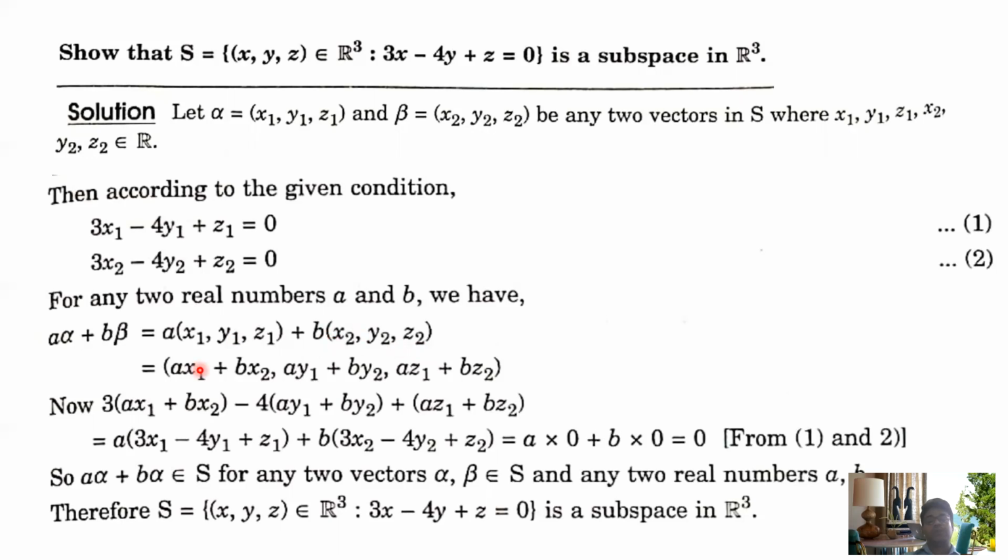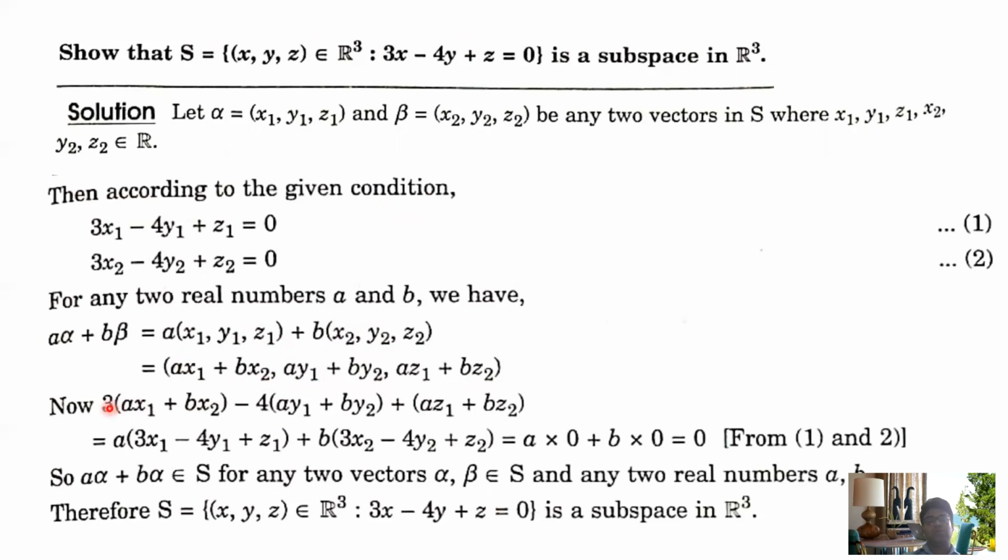If we simplify, we have a x1 plus b x2, a y1 plus b y2, a z1 plus b z2. There are three components with addition. Now we want to check whether this a alpha plus b beta belongs to S or not. This coordinate should satisfy this relation.